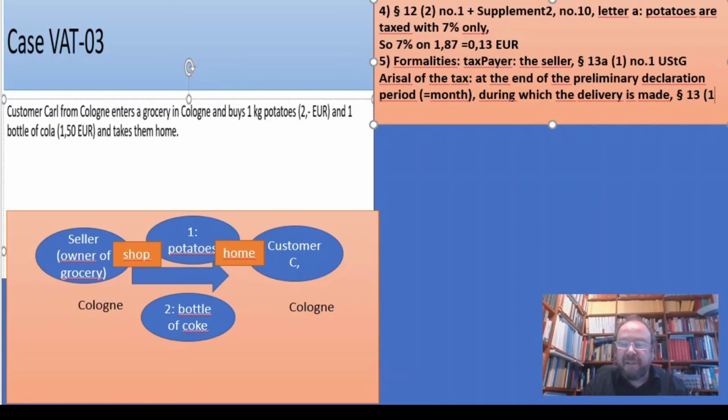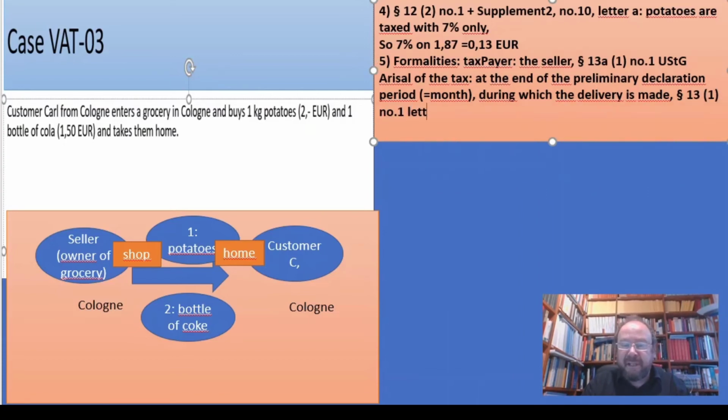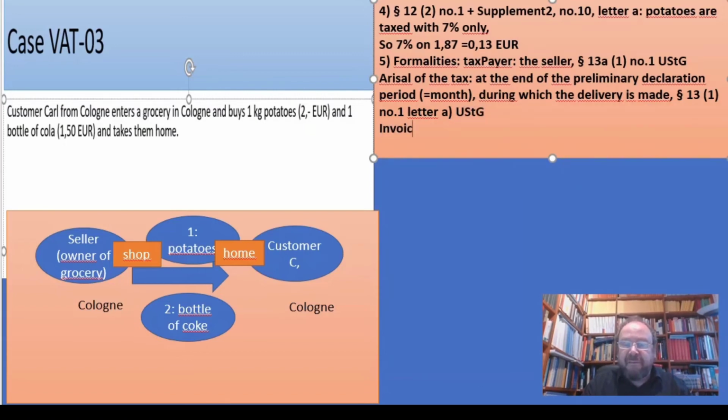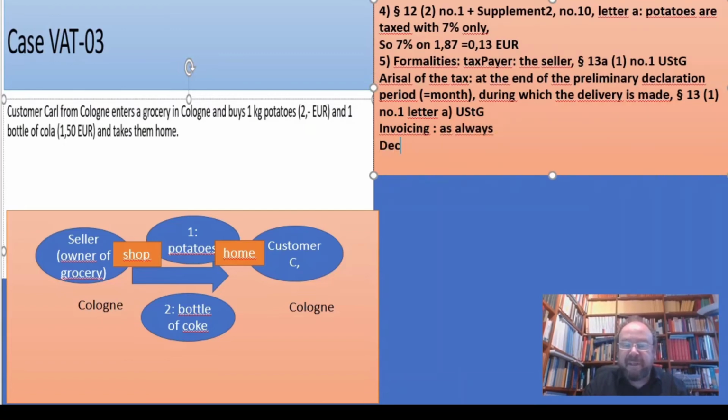Paragraph 13.1, number 1, letter A of the USDG. The invoicing is the same as always, no peculiarities, declaration duties, nothing special.